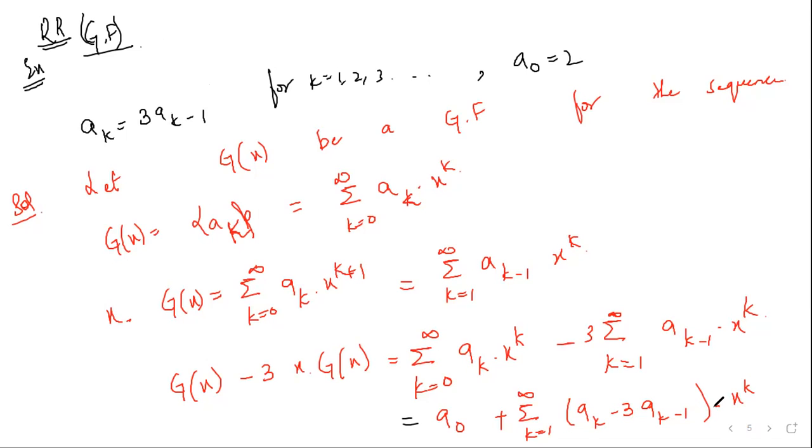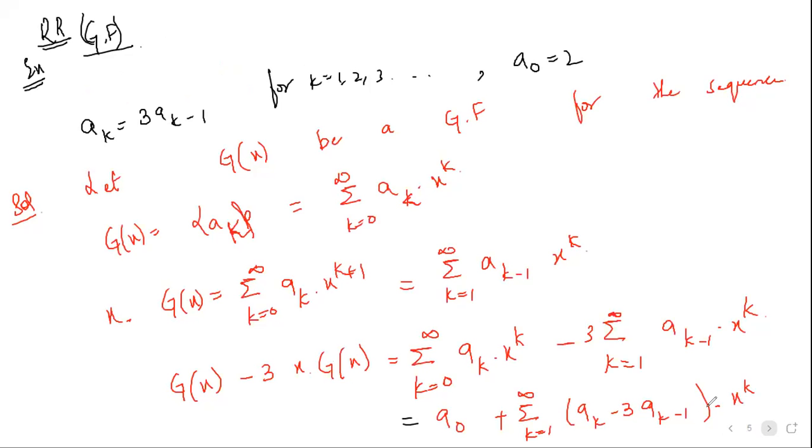So 0 when multiplied with anything will be 0. So a naught value is 2. So this finally we will be writing over here, g of x minus 3x into g of x is equal to 2. Did I write it? Yeah, 3x into g of x.